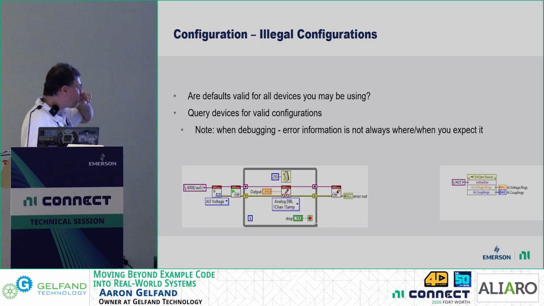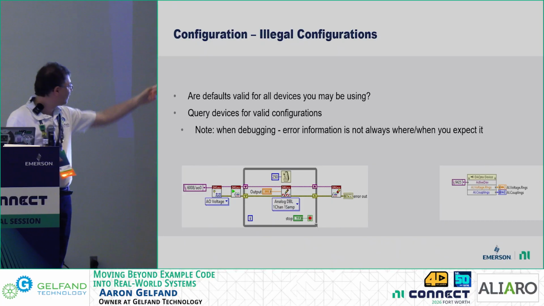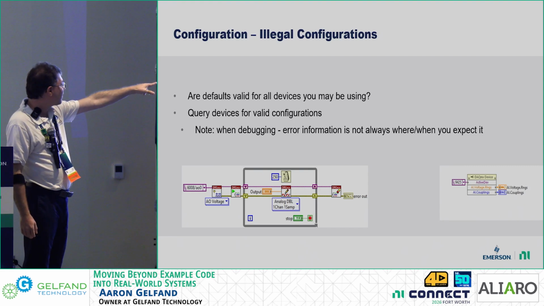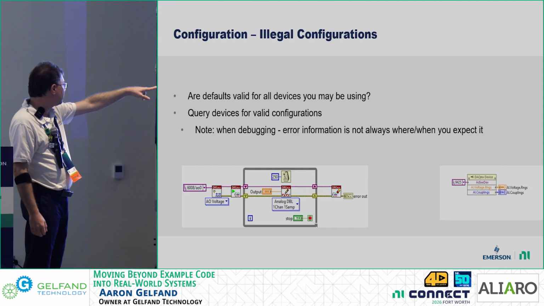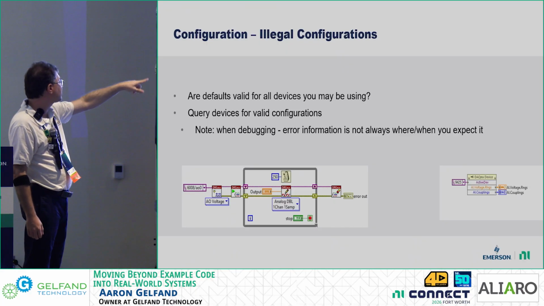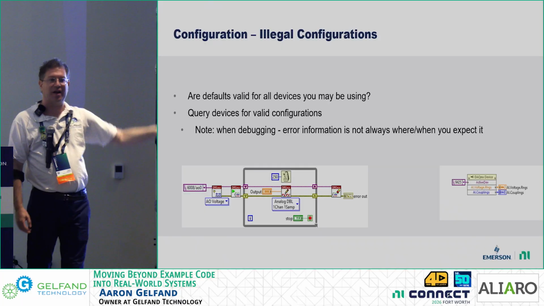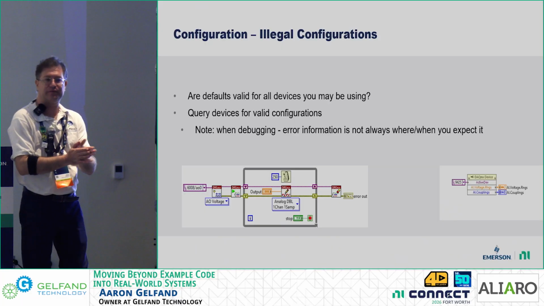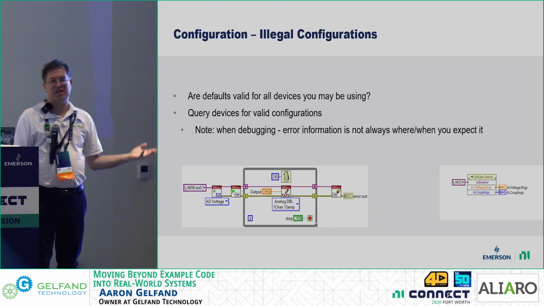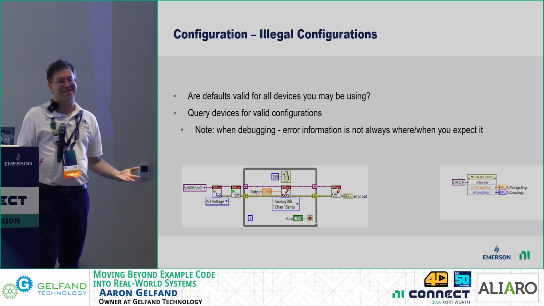So another way we can get around this is we can query our device. The NI 9425 is an analog output voltage module, and you can actually query the input ranges and the output ranges.